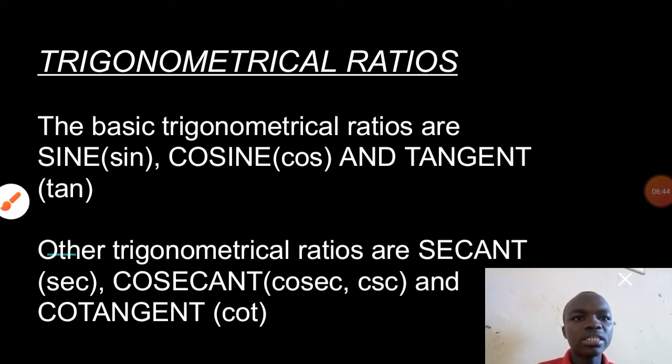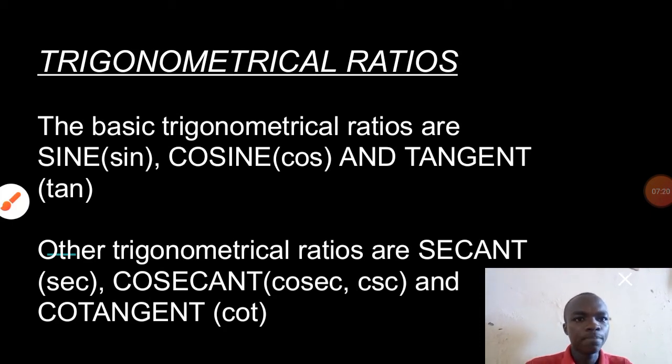So the basic trigonometrical ratios are sine, which is mostly called sine, cosine, which is cos, and tangent, which is mostly called tan. You can have other trigonometrical ratios like secant, called sec, cosecant, called cosec, and the cotangent, called cot.